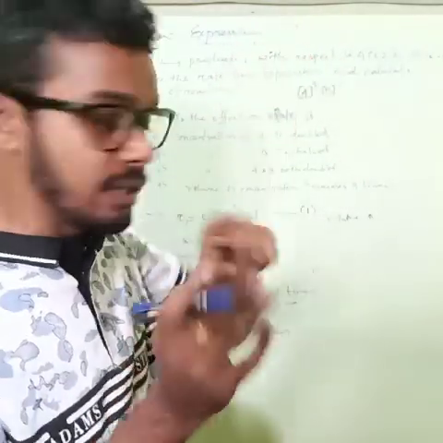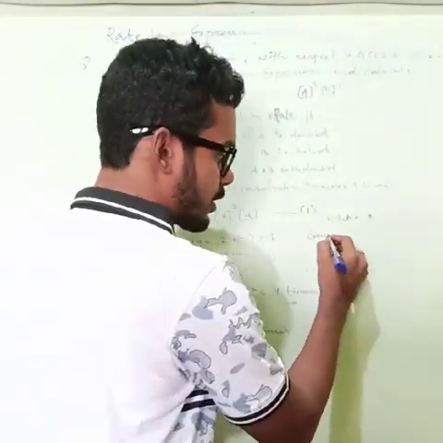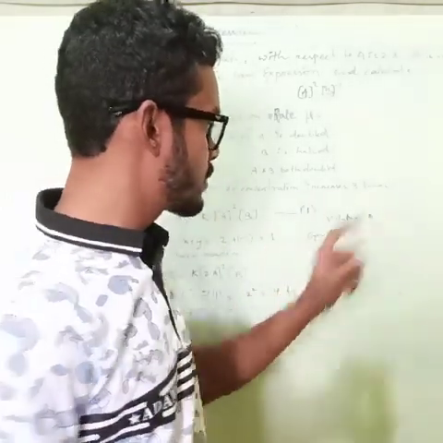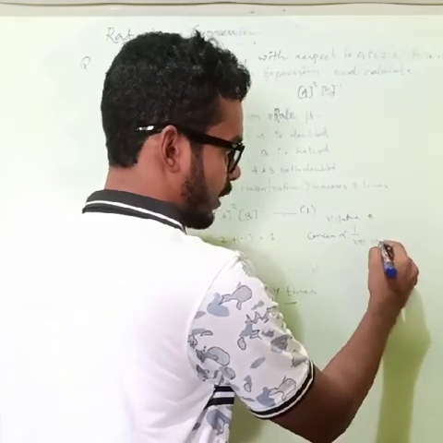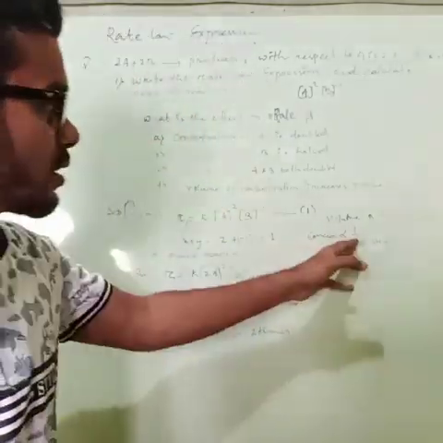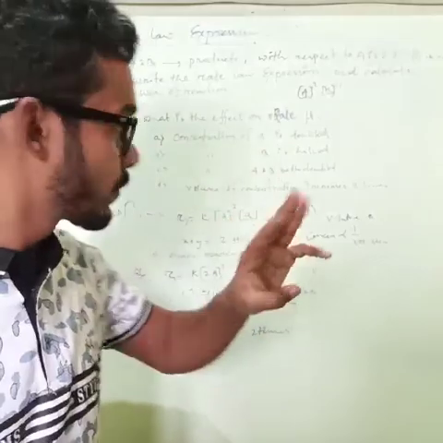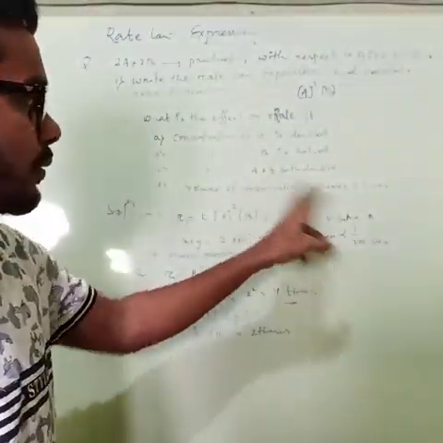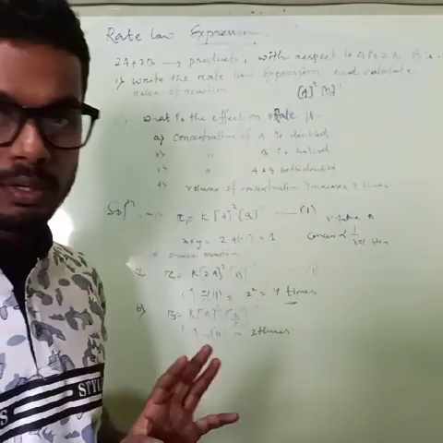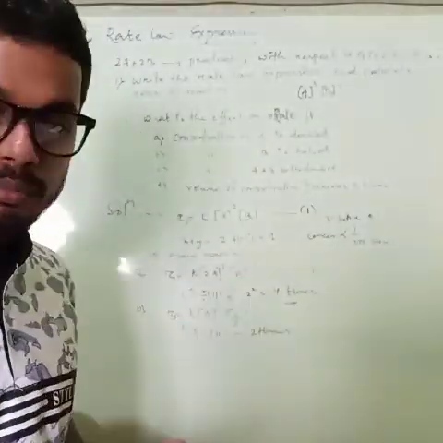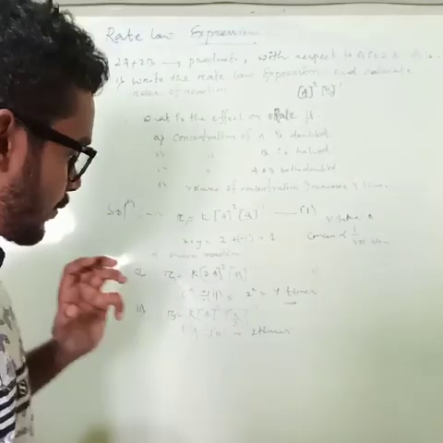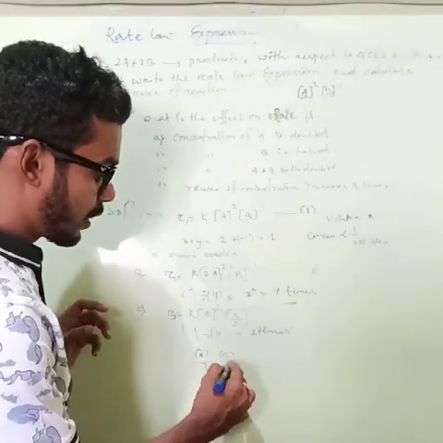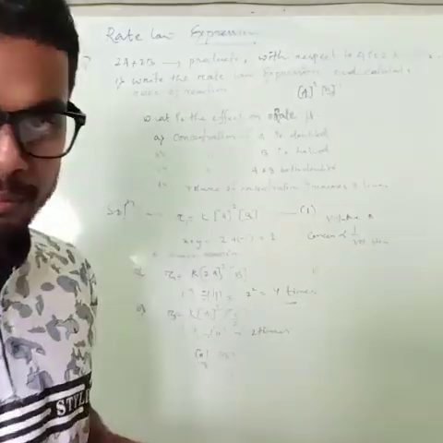It will decrease. Concentration is inversely proportional to volume. How many times? 3 times. Given that, concentration is reduced 3 times, both A and B, that is A by 3, B by 3. Second reaction, A by 3 and B by 3. So calculate and tell me.